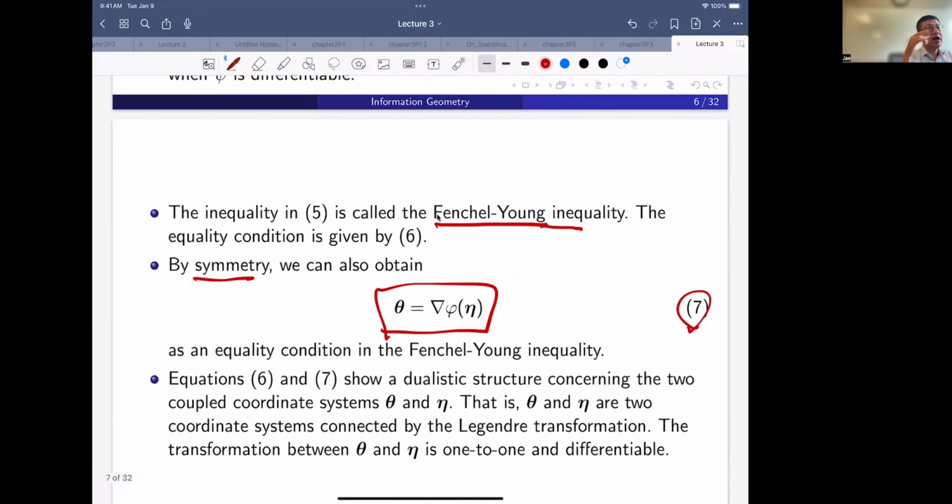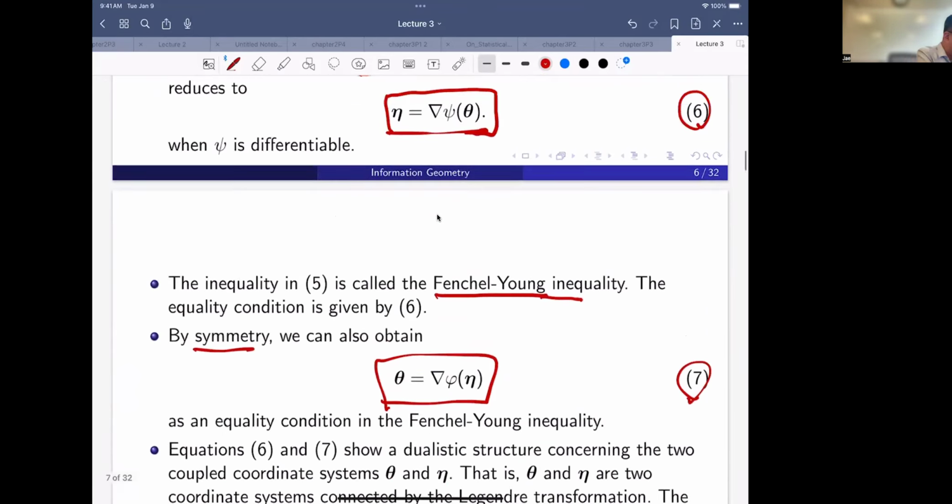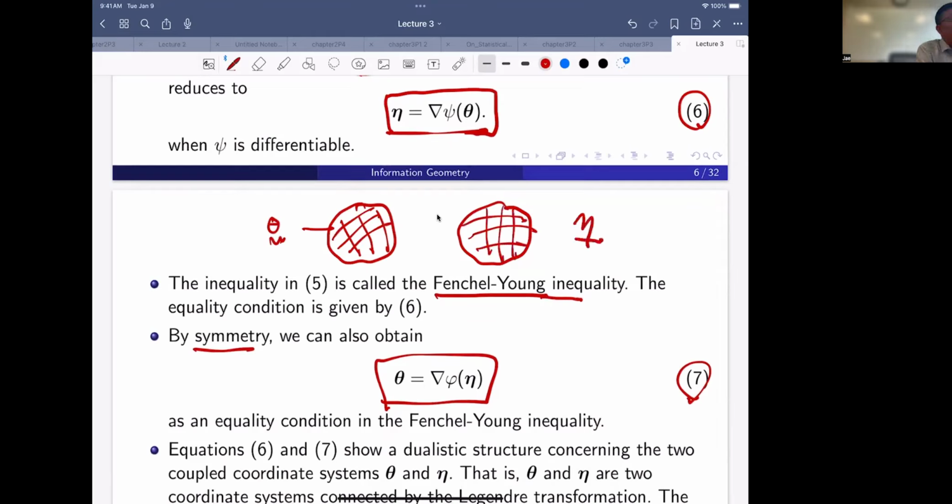Because of the way the function is, you can think of it this way. We have a space of distributions, but the coordinate system on the left side is in terms of theta, and the coordinate system on the right side is eta.